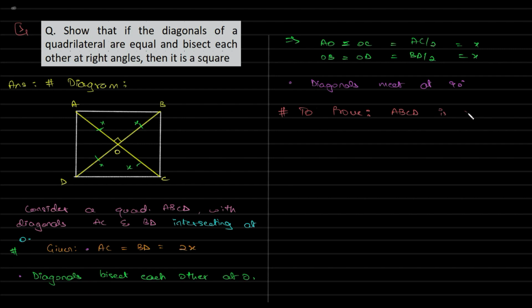ABCD is a square. To prove something is a square, we need to prove all the sides are equal, and if I prove that one of the angles is 90 degree, we are done. So how to prove is the next thing that we need to think about.